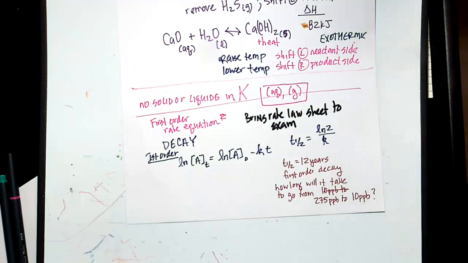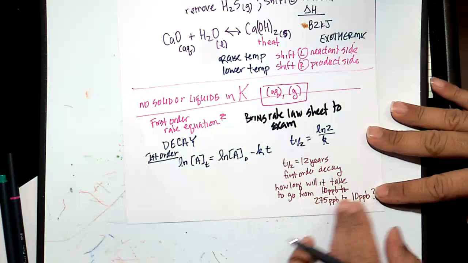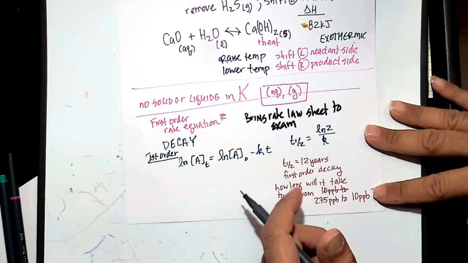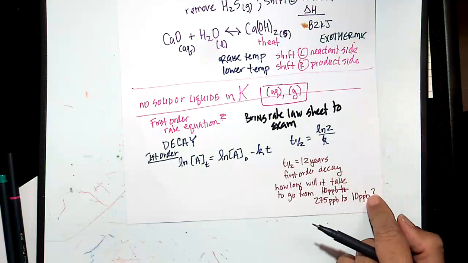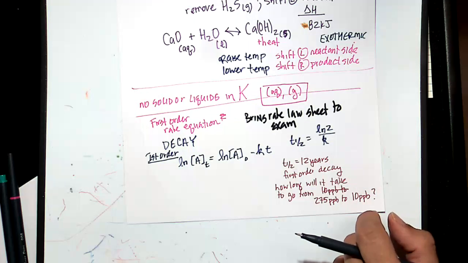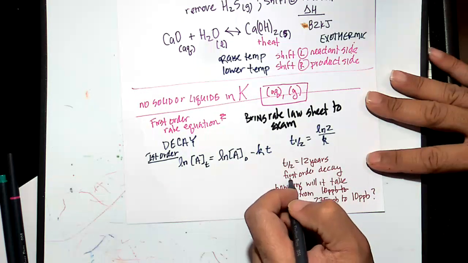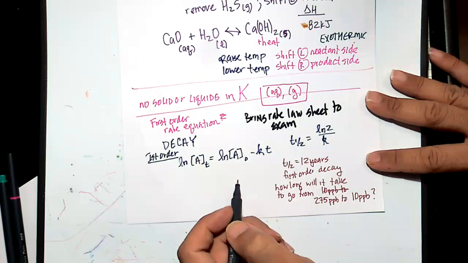The PPB stands for parts per billion. We don't really need to concern ourselves with that in terms of answering this question. We start out with 275, we go to 10. How long will that take, if it's first order decay and this is the half-life?